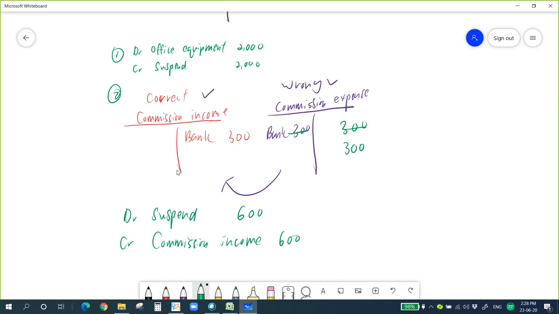So my commission expenses can change to commission income in a credit 300. So the total credit entry here is how much? 600. So we credit commission income 600, and then debit suspend account 600. This is the methodology for how we correct the ledger from a wrong one to a correct one.